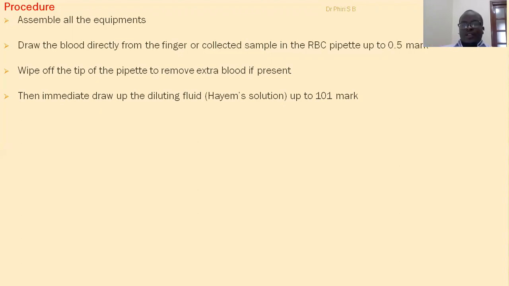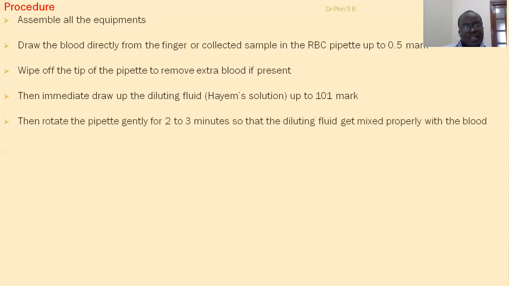Then you stop. After that, you gently mix the blood and the diluting solution. You rotate the pipette gently for 2 to 3 minutes so that the diluting fluid gets mixed properly with the blood.